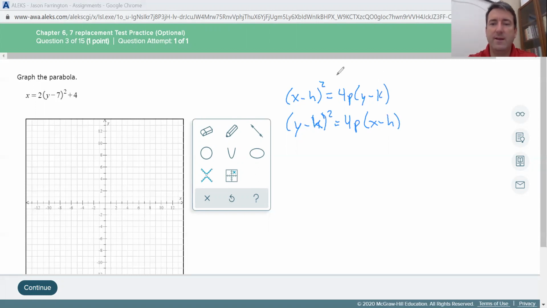If the x is squared, then it's either going up or it's going down. If the y is squared, then it's either going to the left or to the right.